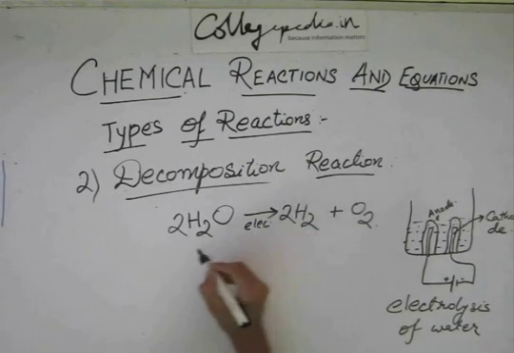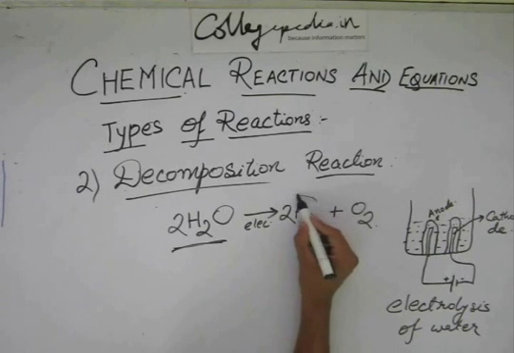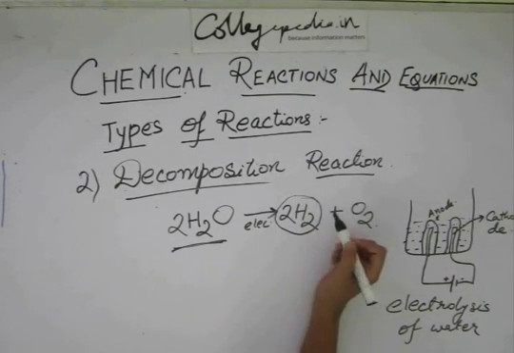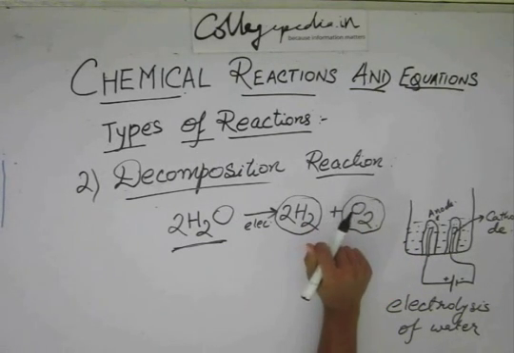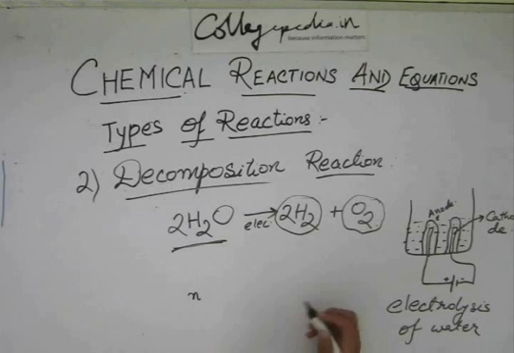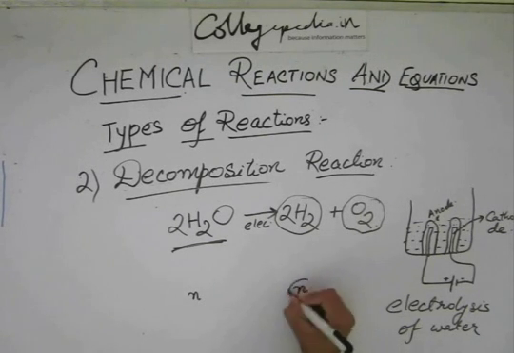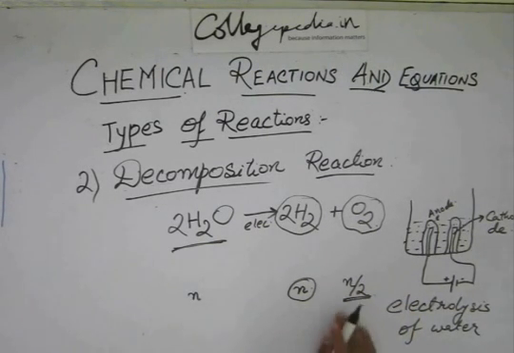So you will see that 2 molecules of water will release 2 molecules of hydrogen and only 1 molecule of oxygen. So suppose we have some n molecules of water, they will release n molecules of hydrogen and n by 2 molecules of oxygen. This n has to be an even number, of course.